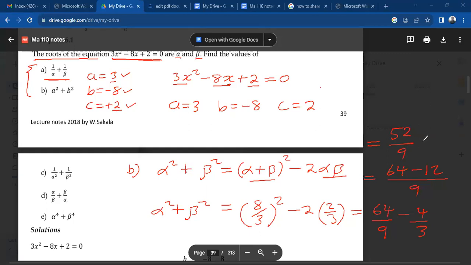Can 3 go into 52? Definitely 3 can go into 52 with a remainder. So it cannot go without leaving a remainder. So it means our answer is 52 over 9. That is our alpha squared plus beta squared.